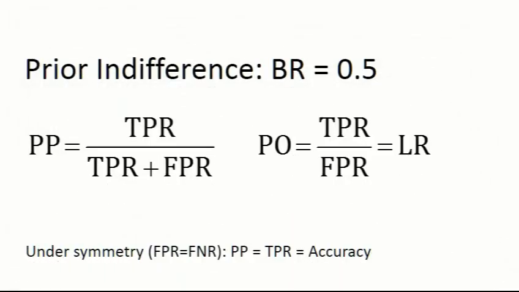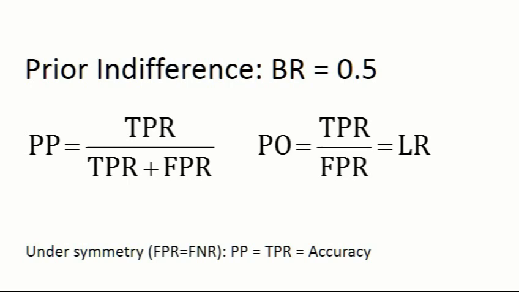One last point. In the middle between the two boundaries of faith, where the Bayes rate is either 0 or 1, there is prior indifference, where the Bayes rate is 1/2. You are indifferent about whether the hypothesis is true or false, or is 50%. There is a 50% probability that it is true and 50% probability that it is false.